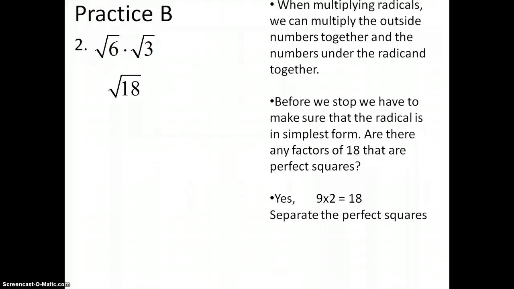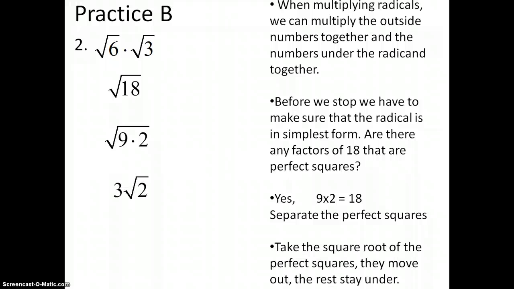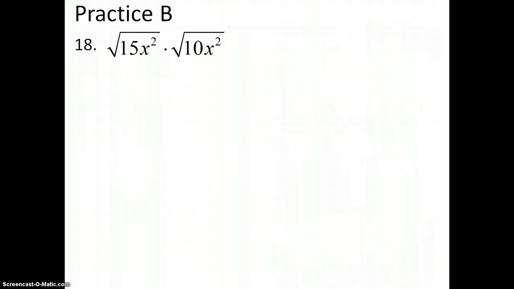So when we rewrite this as square root of 9 times 2, now we can take the square root of 9. When we do that, it'll come out from underneath the radical sign, so it'll become 3 square root of 2. And that's as far as we can go. That's our answer.